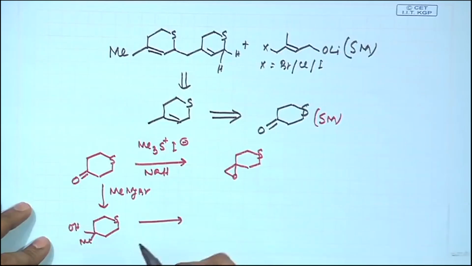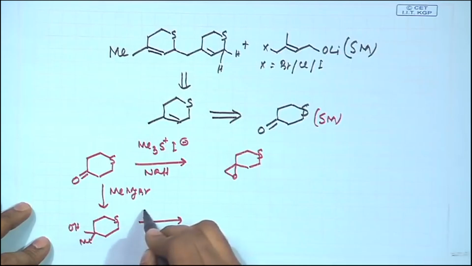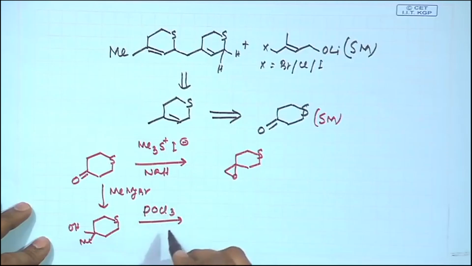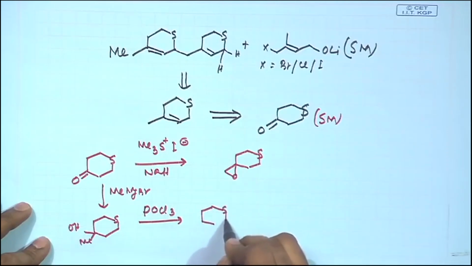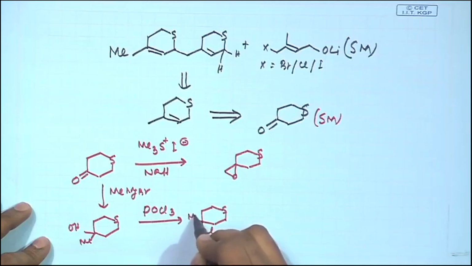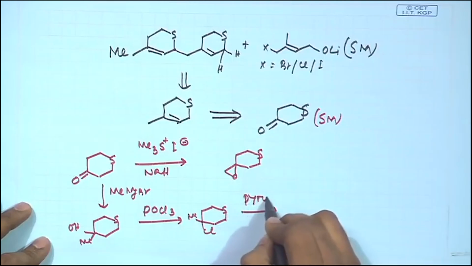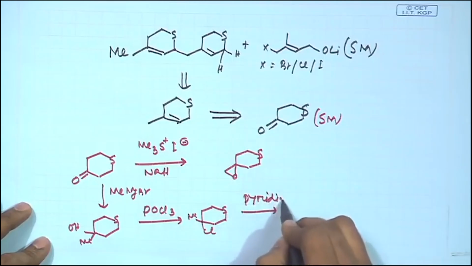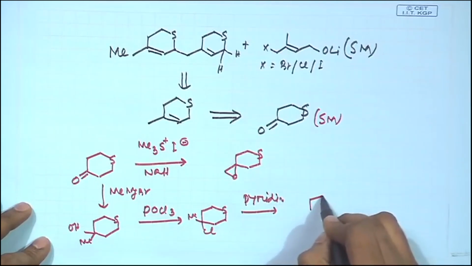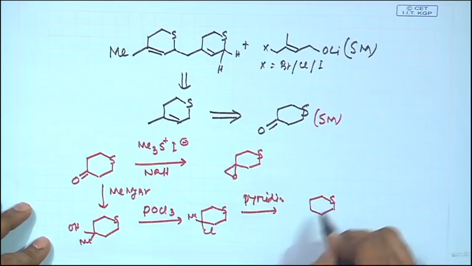Now, this alcohol you convert to the corresponding chloride by POCl3, a standard chlorinating agent, which gives you the alcohol to chloride, and methyl will be there. Then you treat with pyridine as a base, and you will get this compound.